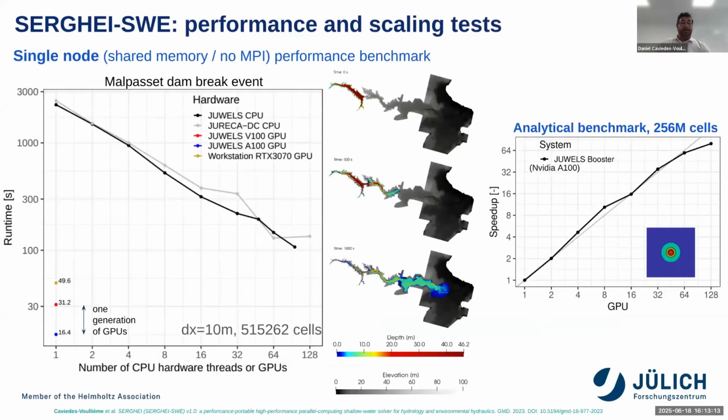I will focus now first on the shallow water module, which we use for these types of flood modeling scenarios. Early on, what we were most interested in showing, to ourselves as well, was the portability between CPUs and GPUs. The plot on the left nicely shows this scaling plot for CPU and GPU systems here in Jülich, and also consumer grade GPUs.